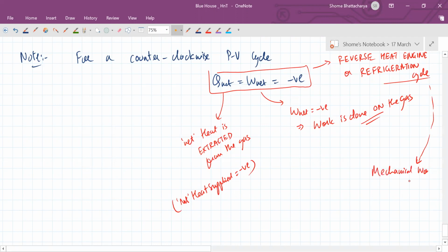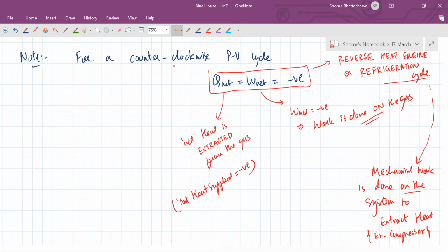Mechanical work is done on the system, not by the system, to extract heat. So for example, that is the job of a compressor. A compressor is a type of machinery which accomplishes this task of a refrigeration cycle.